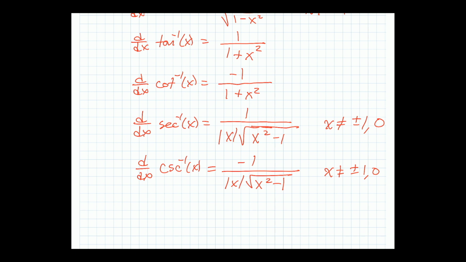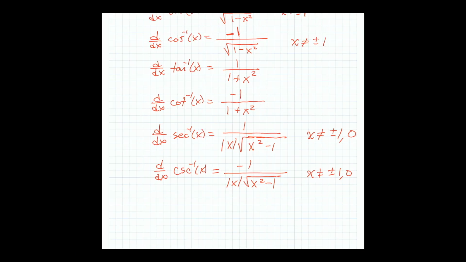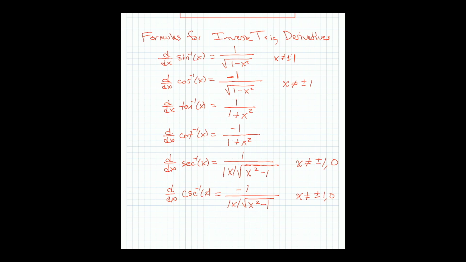Again, you do not have to derive these, but you have to use these. You can clearly see that they're in pairs. You've got sine and cosine inverse, same formula, and the only difference is a minus sign. Then you've got tangent and cotangent, same formula, the only difference is a minus sign.